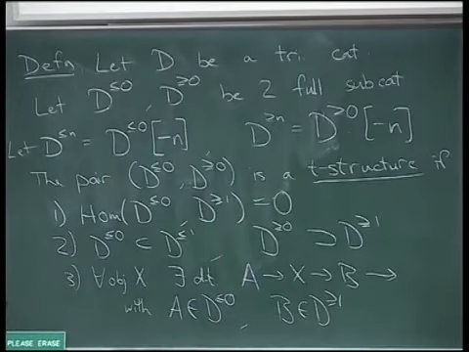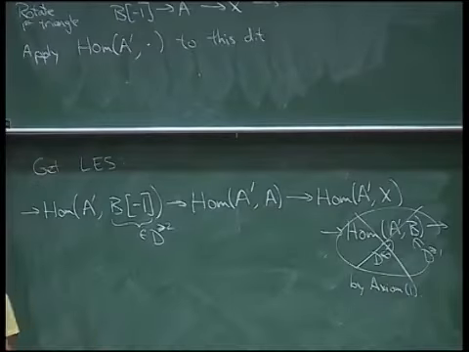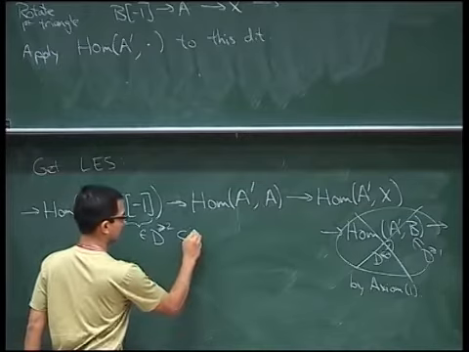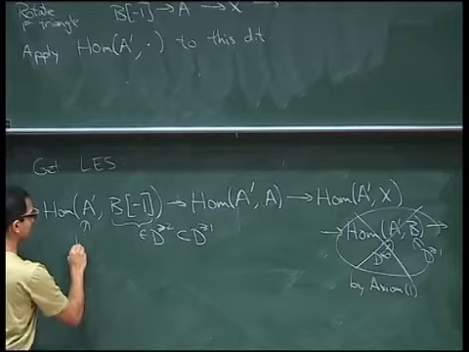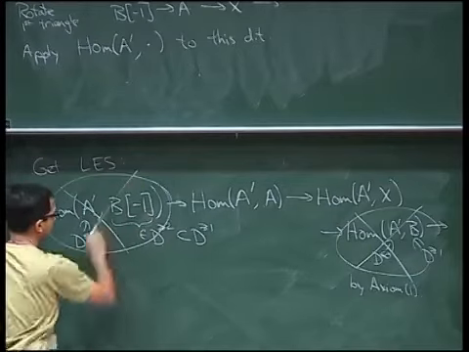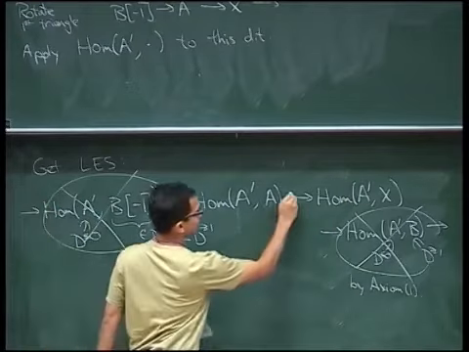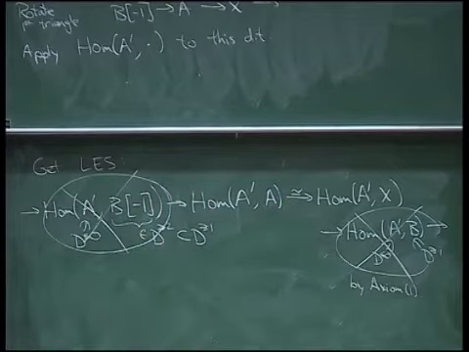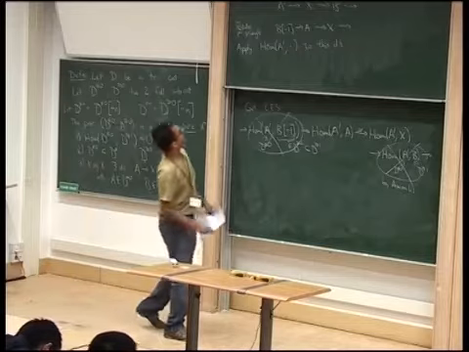So this is actually in D greater than or equal to 2, which is contained in D greater than or equal to 1, according to axiom 2. And then A prime is still in D less than or equal to 0. So this first Hom group vanishes for the same reason. And that means that these two Hom groups are isomorphic.